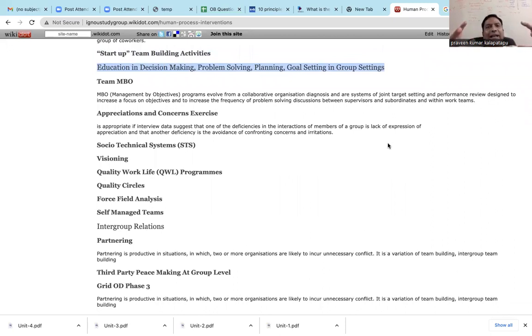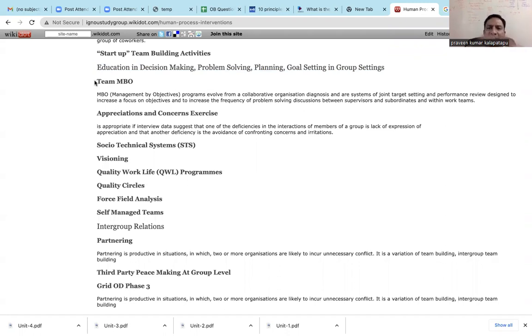You could be improving their decision-making skills, their problem-solving skills, or the way they plan and set their goals. Everything related to productivity or skill is in this particular section. The first section that we went through was on the team. Now we are going through the interventions focused on the education aspect, which is basically skills.